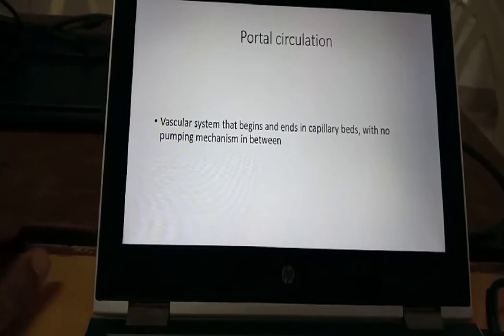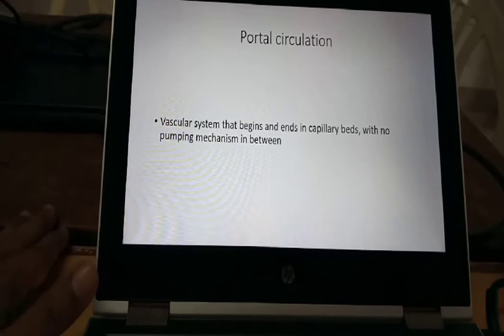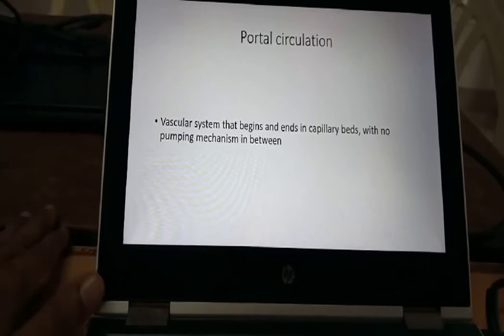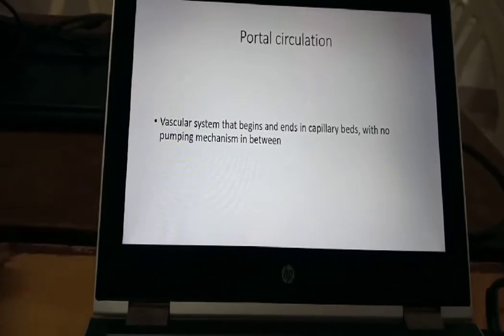But in a portal circulation, the vascular system is such that, say, from the intestines, the arteries take the blood to the intestine. There, the blood in the capillaries exchanges with the food materials, the digested and absorbed food materials, and it takes them from the capillaries into the venous system, and it goes from there not to a pump, not to the heart, but to the liver.